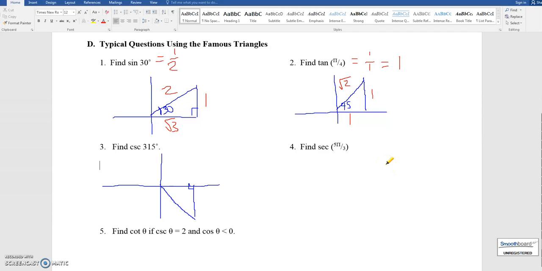This angle right here that I'm drawing in, that rotation was the 315 degrees. But we've got to think about what's left behind there. In this little chunk right here would be another 45 degrees that would get me all the way to 360. So 315 degrees plus 45 gets me a complete circle of 360. So I know that right here is 45 degrees.